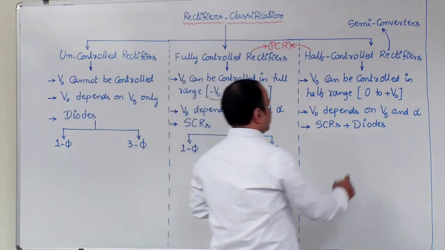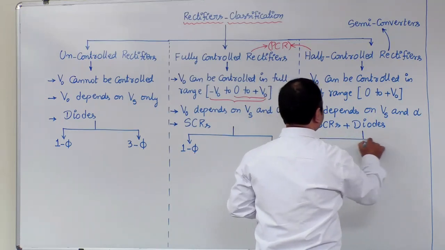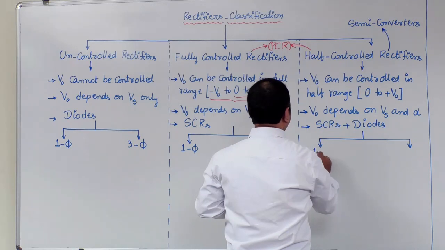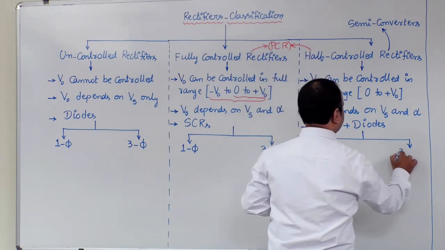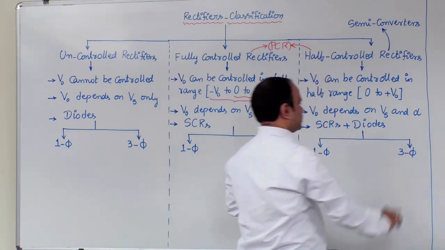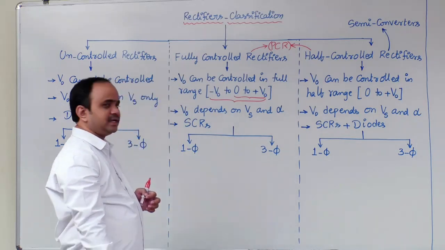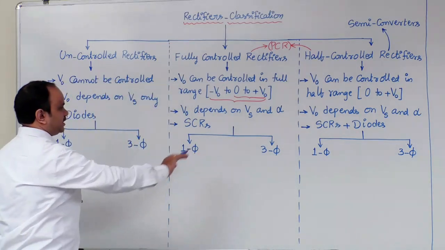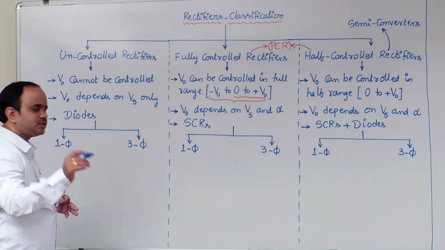Semi converters also have single phase and three phase. So this further second classification is based on the nature of the source.